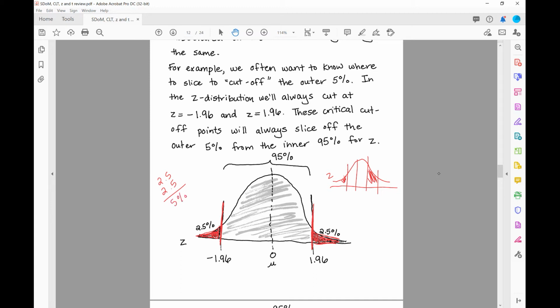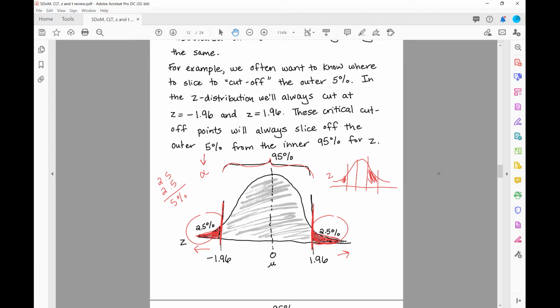So we often want to know, where would I slice if I want basically to get the middle 95% and separate it from those outside chunks? Right? What value, where do I need to slice here in order to capture that top 2.5% and bottom 2.5% and cut them off from our middle 95%? And this 5%, of course, is coming from that alpha that we use, right? That's what determines how much we're chopping off at the ends.